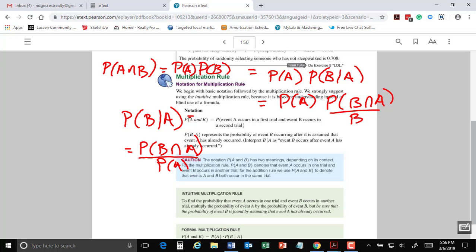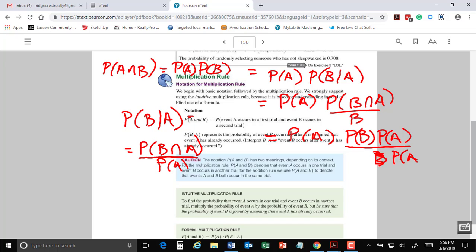So if it's truly independent, then you can rewrite this as P of A times P of B, because these are independent, it becomes just a straight multiplication rule, divided by P of A. Because A happened first, do you remember?